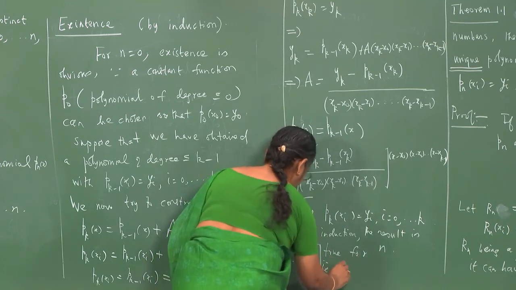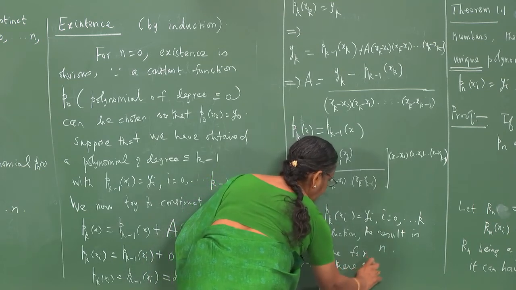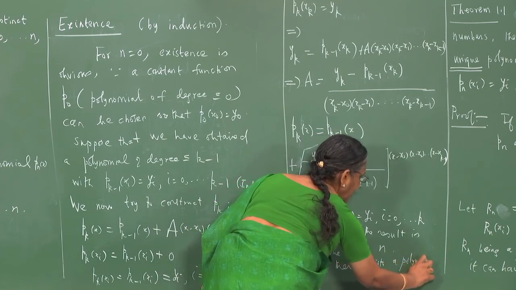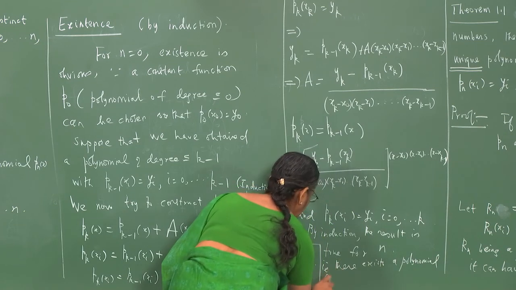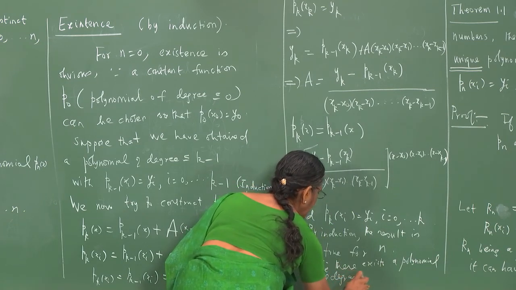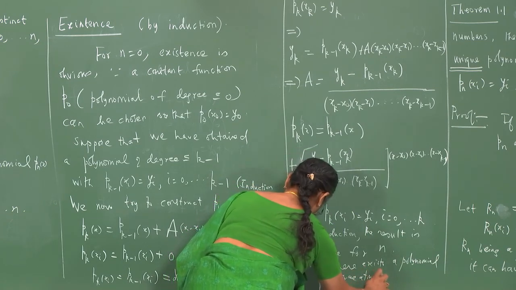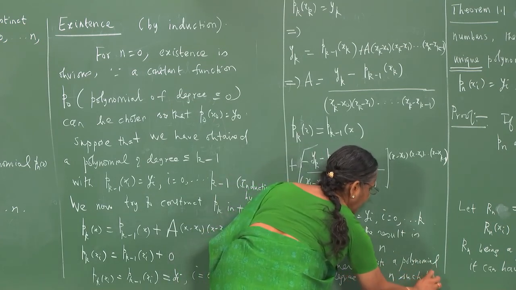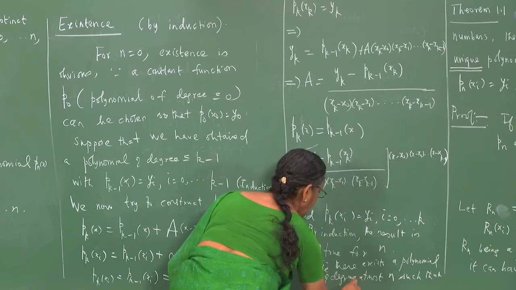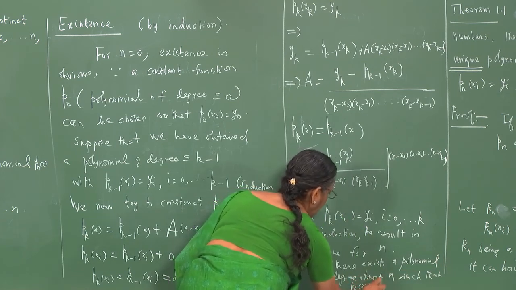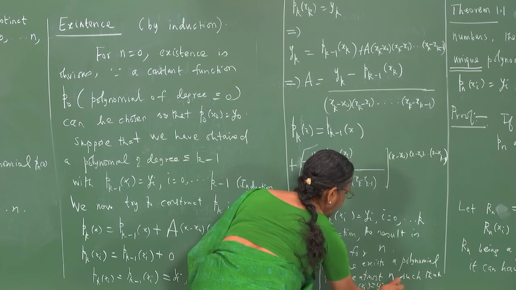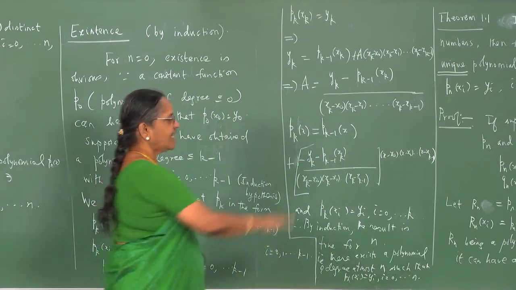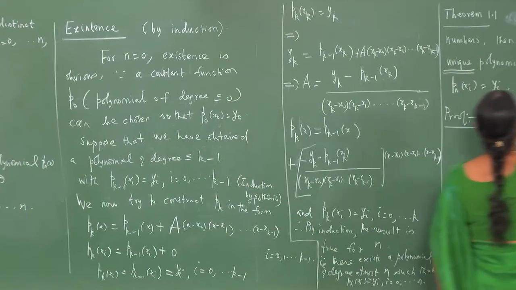That means there exists a polynomial of degree at most n such that Pn of xi is equal to yi for i equal to 0, 1, 2, 3 up to n, and that is what we wanted to show.